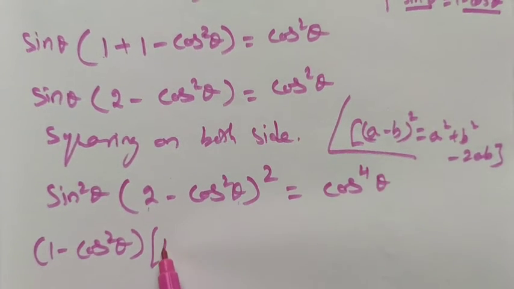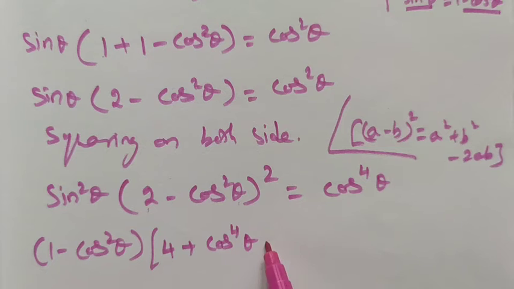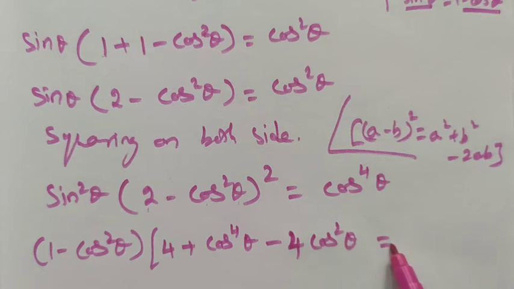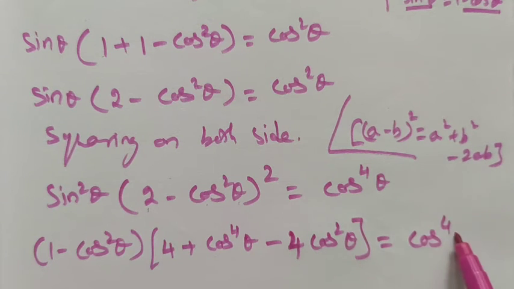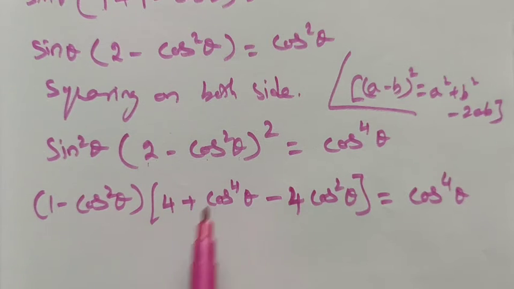So a square is 4, plus b square is (cos square theta) whole square, which means cos power 4 theta, minus 2ab, that is 2 into 2 is 4, into cos square theta, is equal to cos power 4 theta. Now multiply this term, binomial into binomial.